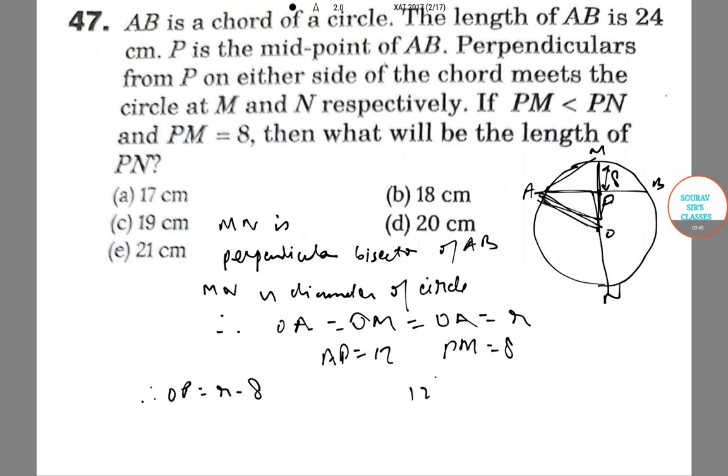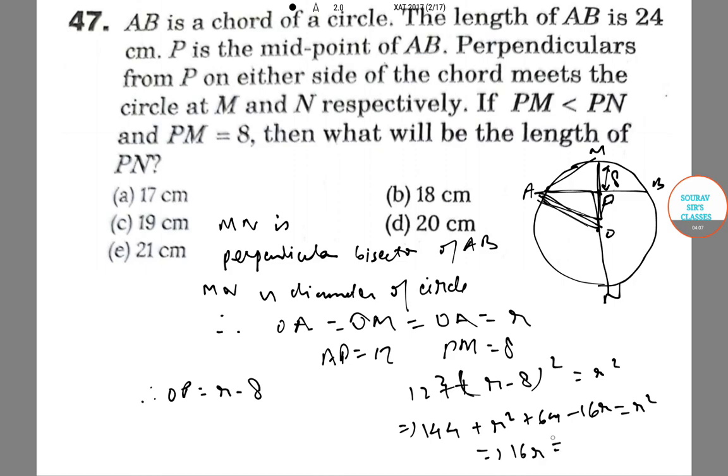So we get 12 squared plus (R minus 8) squared is equal to R squared, or 144 plus R squared plus 64 minus 16R is equal to R squared. From here we get 16R is equal to 208 and R is equal to 13.